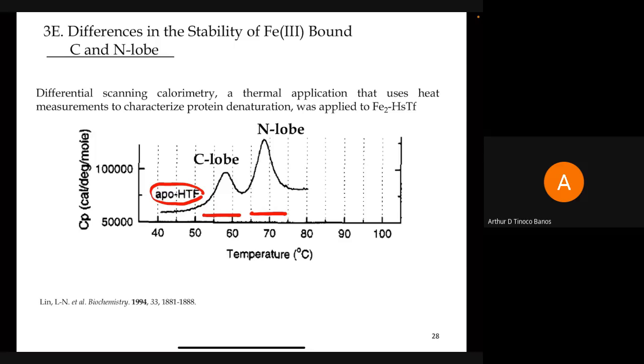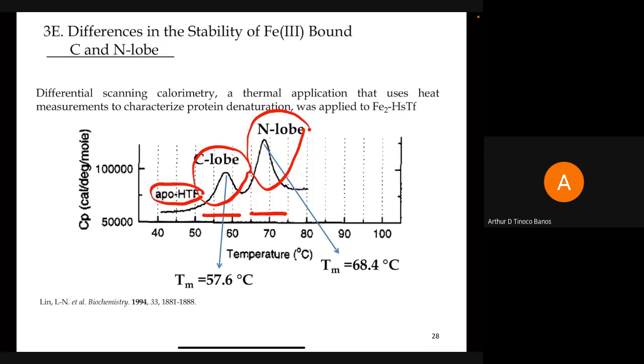As you increase the temperature of the protein, you get the first signal that is attributed to an unfolding process occurring at the C lobe, and then you get another signal. The first signal was at about, let's say, 58 degrees, and the second one is at about 68 degrees. That second one is due to an unfolding occurring at the N lobe. So we have these what are called melting temperatures. But let's see what happens in the presence of iron.